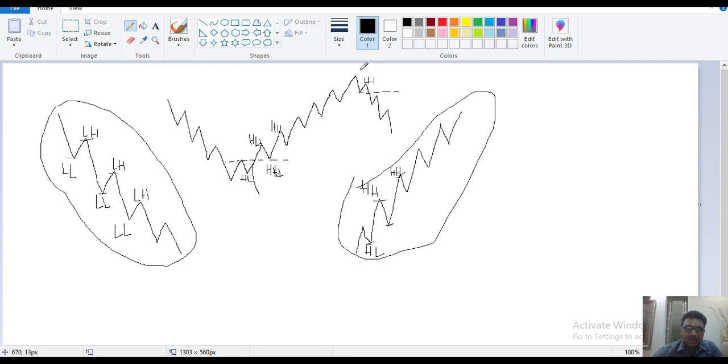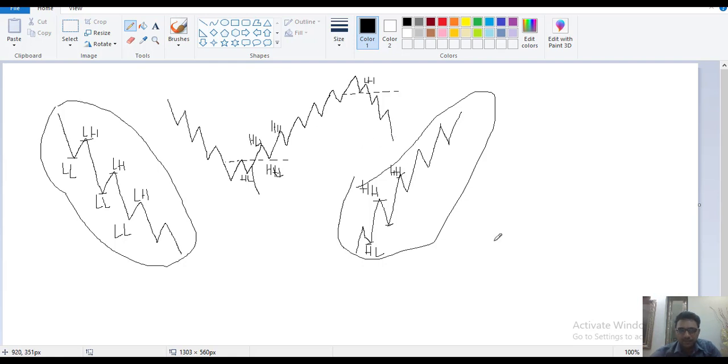And now when the uptrend was completed and it went to the downtrend, we knew when the new lower high had been made, this place needs to be broken. This point needs to be broken. And when it was broken, we knew that we are now in a downtrend.